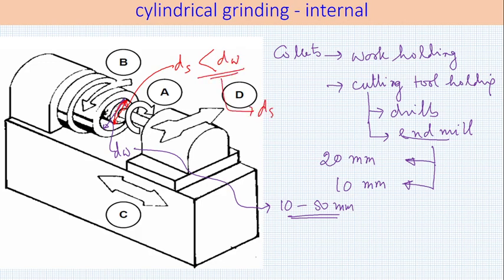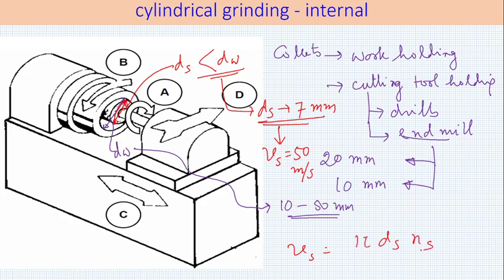Say DS is 7 millimeter, and with that DS you have to achieve a VS of 50 meter per second, and VS is nothing but pi into DS into NS by 60, where DS is in meter. So if you calculate, you will find out that NS requirement is very, very high.